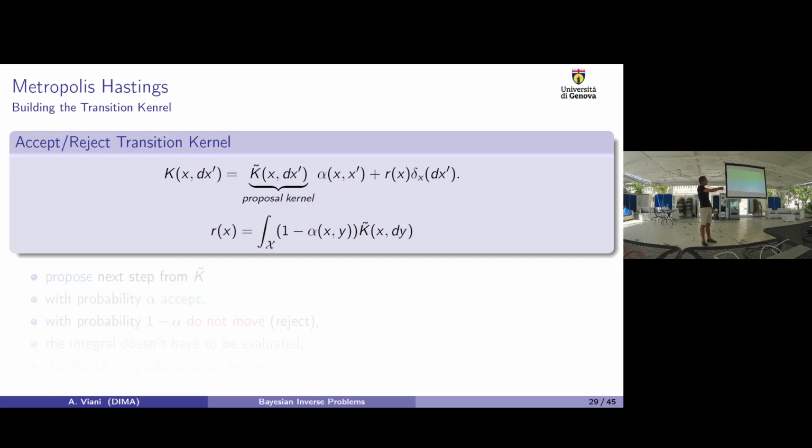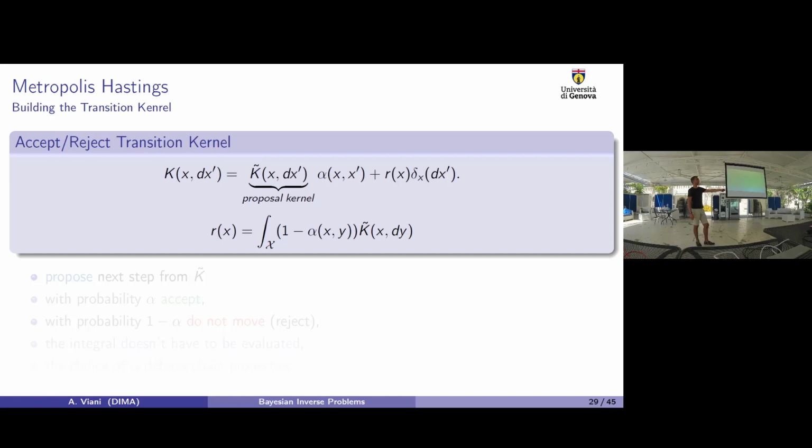How can we build that kernel? For the Markov chain, we use a proposal kernel from which we are supposed to be able to sample. Again, it looks like M, but it's not the M of importance sampling. And then with some probability, we accept the proposal. So we sample from K tilde, and with some probability alpha we accept this movement.